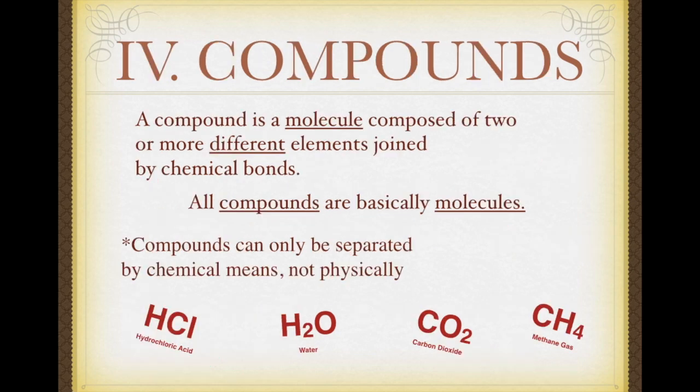But a compound is very similar to a molecule, but that's just referring to different. As you can see in the examples, we have H and we have Cl combined together to form hydrochloric acid. Those are two different things. You have one H, one Cl, one chlorine, one hydrogen bonded together. They are different. Okay, so there are no similar ones when referring to compounds.